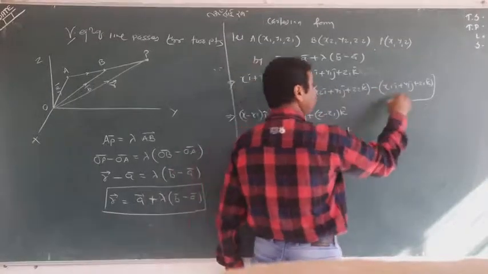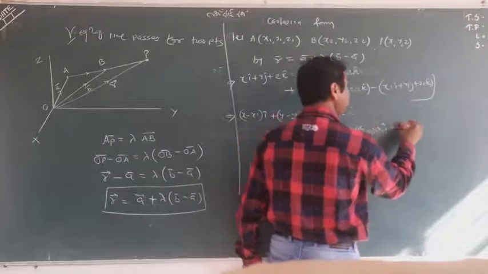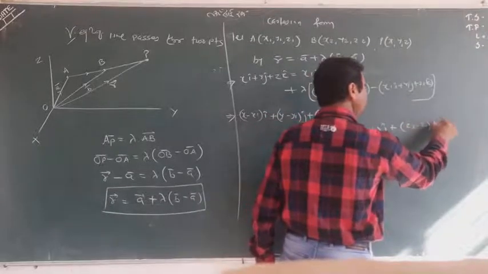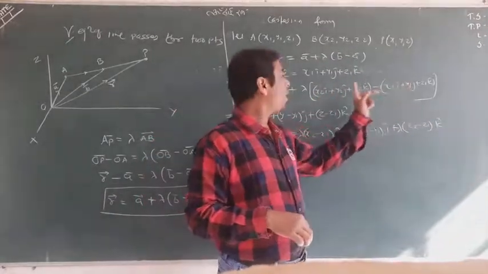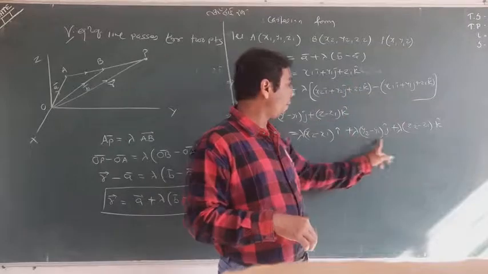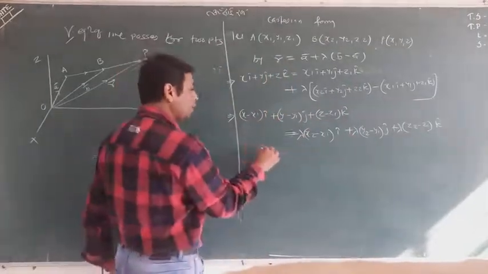Again (y2 minus y1) j multiplied by lambda and (z2 minus z1) k multiplied by lambda. So I multiplied by lambda, and after that also I took common i, j and k and made this particular step. Now you can compare.